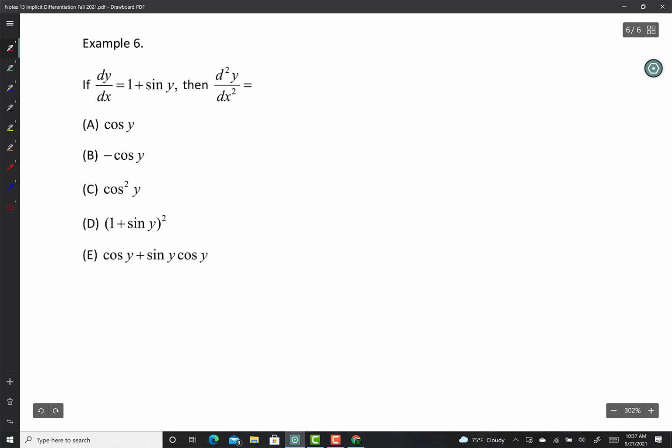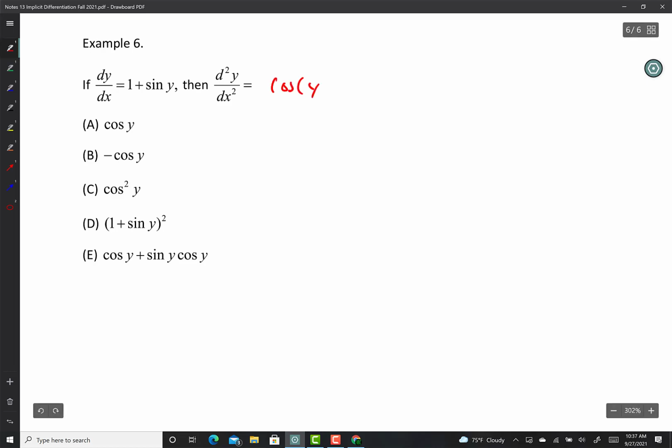Now that we have experience with taking second derivatives, this one's going to be fun. You guys ready? Look, they already tell us what the first derivative is, saving us some work. dy/dx is 1 plus sine y, so they want the second derivative. Second derivative is equal to, what's the derivative of sine?